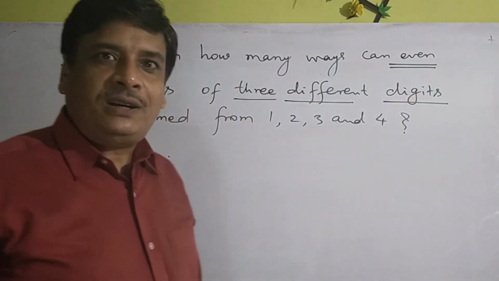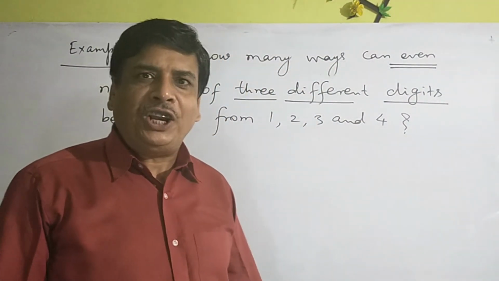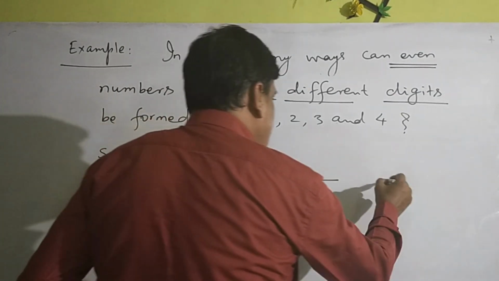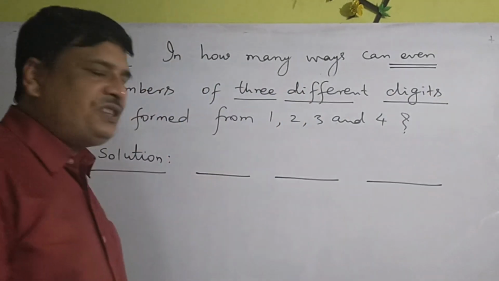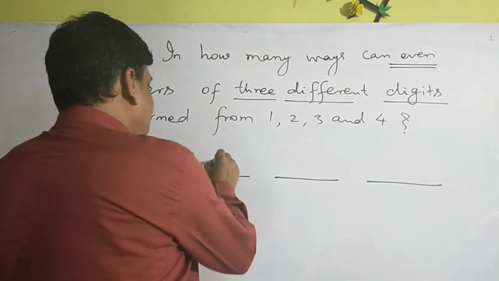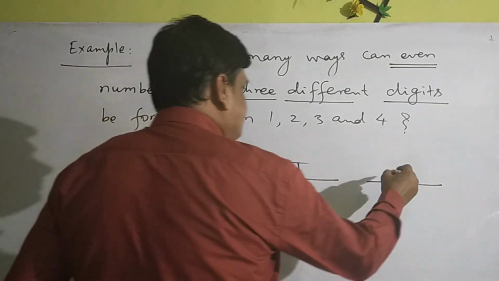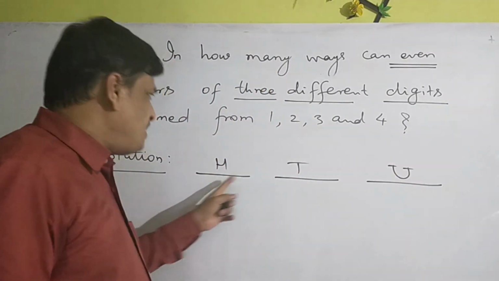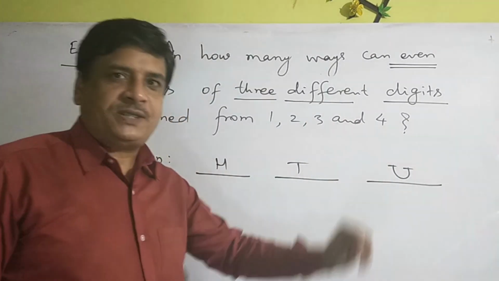So we consider there are 3 vacant places and we will count the number of ways by which these vacant places can be filled up. These vacant places are the hundreds place, tens place, and unit place.